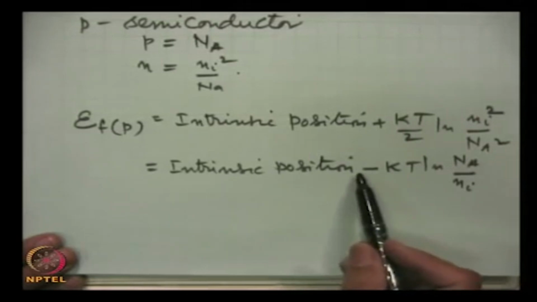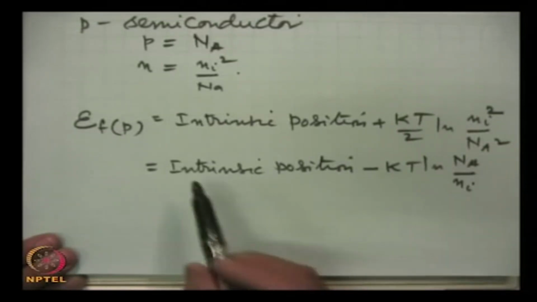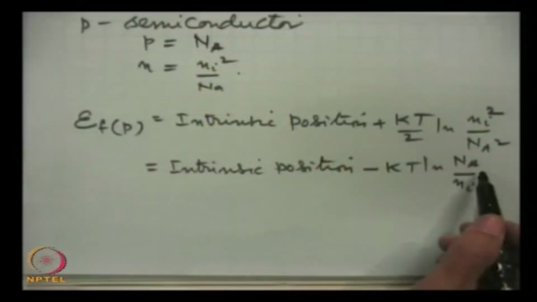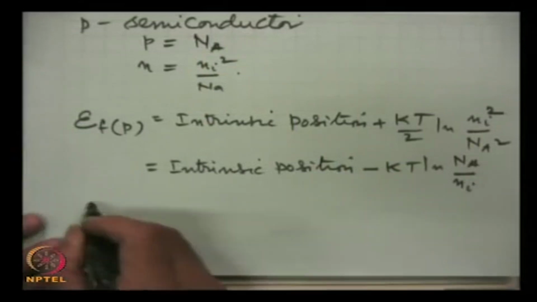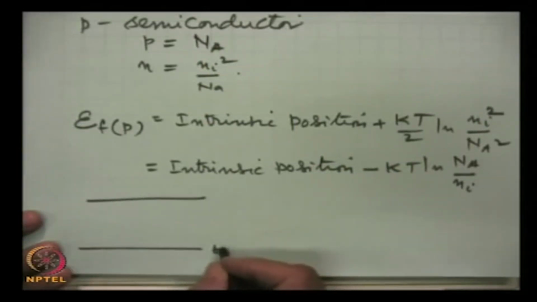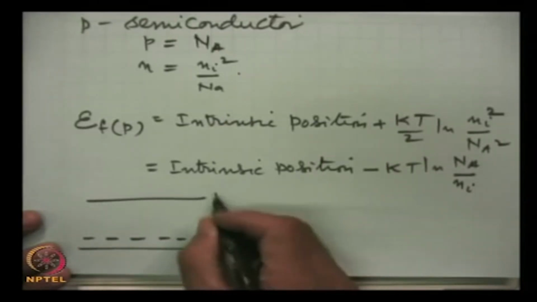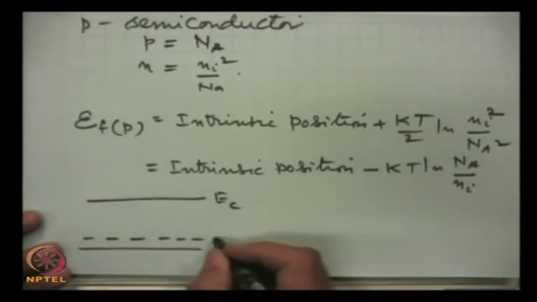Now, look at this sign. This shows that for p-type material, the Fermi energy is below the Fermi energy for the intrinsic material, and as we increase the acceptor impurity, it moves further into the valence band region. Here, this is the Fermi energy level for p-type material.